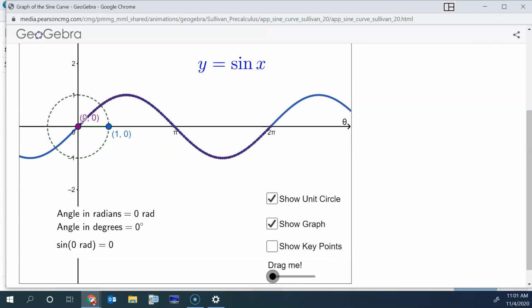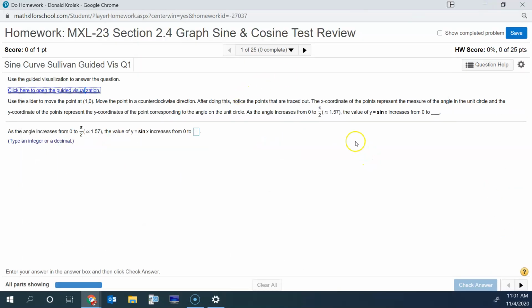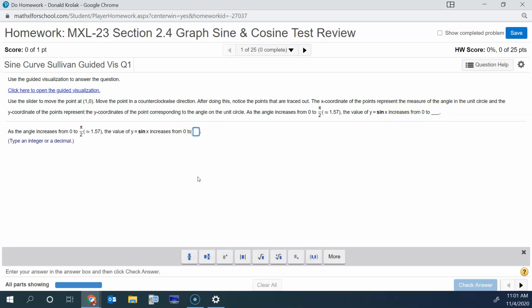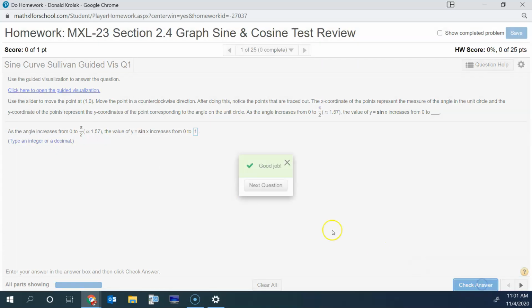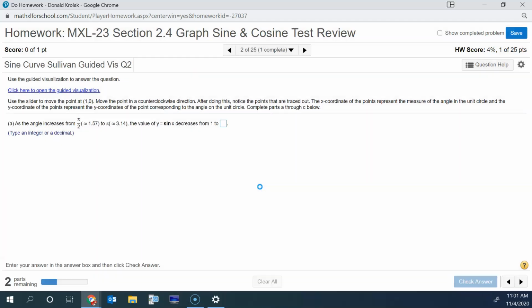So these questions are just asking you, in the first quadrant, what's the sine coordinate doing? It's increasing from 0 to 1. Okay, that's the question.